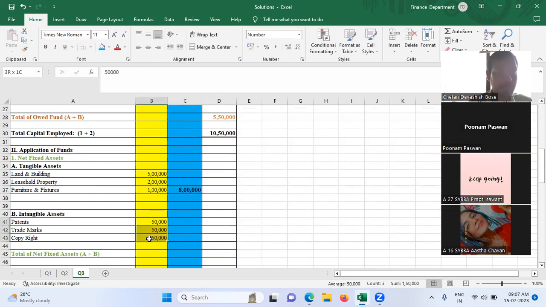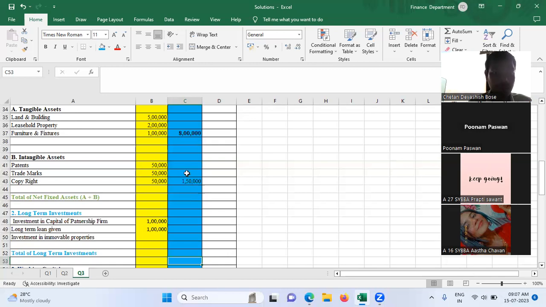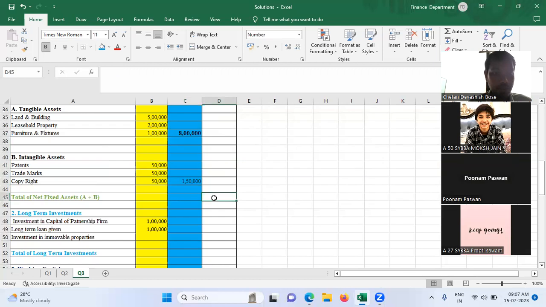Then the intangible asset का total 1 lakh 50,000. Okay. Then what is the total of the net fixed asset? That is nothing but total of both, which would be how much? 9,50,000. 9 lakh 50,000.